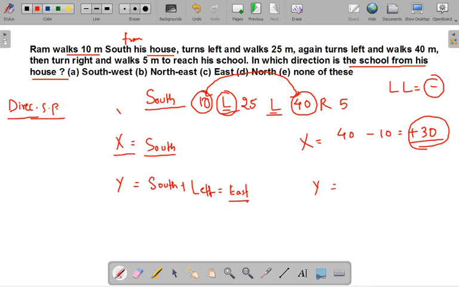And for y, we'll take the second and the fourth value. This is R, this is L, we'll add them. This is 5 plus 25, this is also plus 30. Now since the value of x is plus 30, this south will be changed to opposite. It will become north.